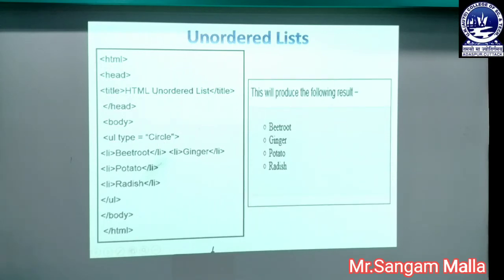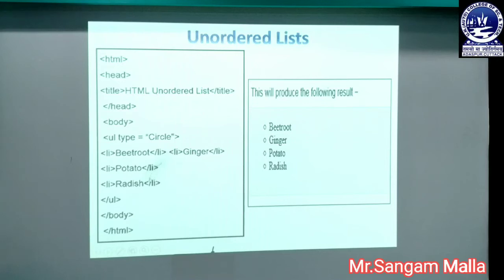Next, you can also see that we have used another program in which I have written ul type equal to circle. That means the symbols have been changed: first it was disk, then we specified square, now we have specified circle. So you can clearly see that there is a circle bullet in front of the text specified in the list tag.